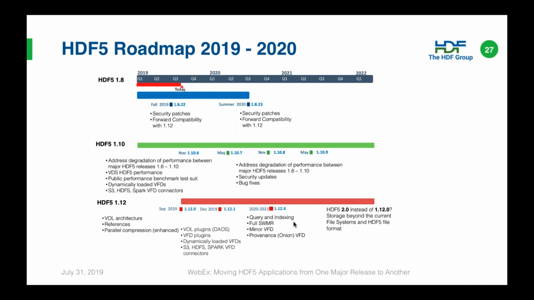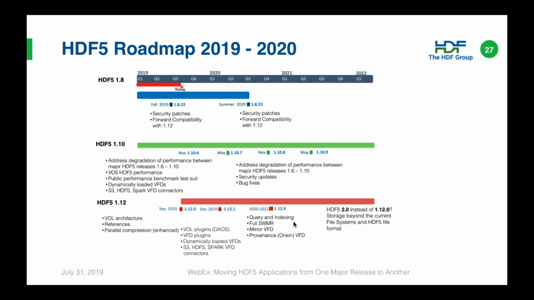Slides will be available, but the major point is that we committed to continue the HDF5 series of releases until we fix the performance problem, and we hope that in summer 2020 we will catch up with the performance in 1.10 and in 1.12, and we can tell you for sure, yes, please move to 1.10 or to 1.12. There will be no more releases of 1.8. We will continue to provide security patches and work on forward compatibility with 1.12. For example, this bug I showed you in h5dump definitely should be fixed.